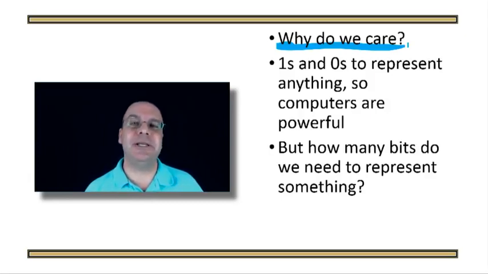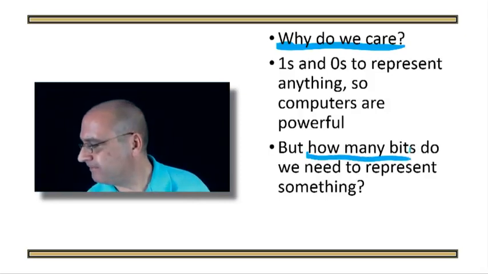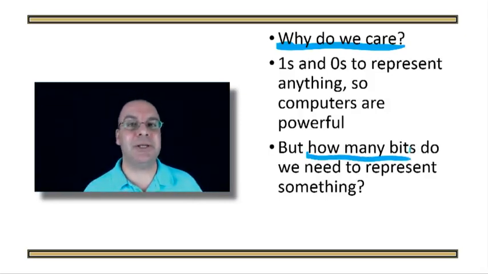But the question is, say we want to store something, and this is what's really going to matter for this particular module: how many bits do we actually need to represent something? That question is deeper than it seems at first blush, because it really comes down to how accurate the representation needs to be.